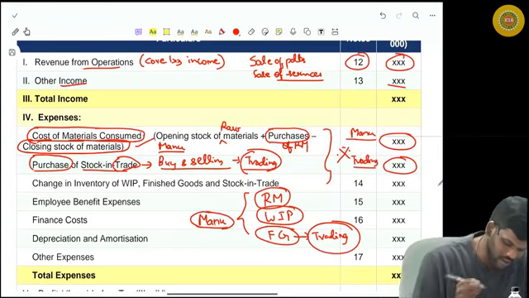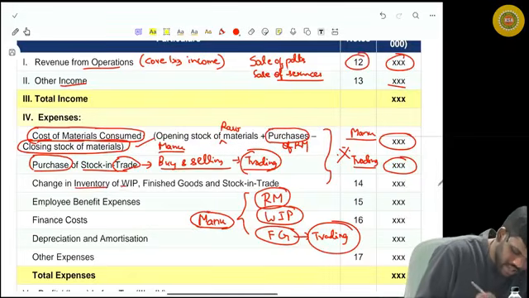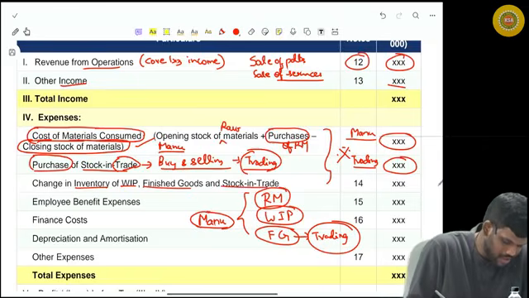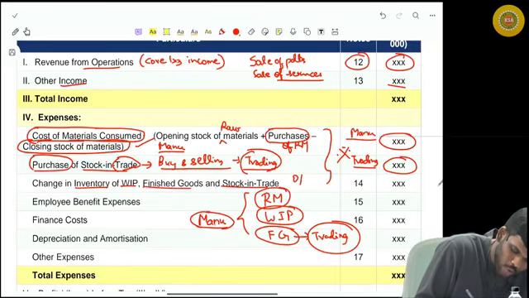And the last one out of these important three items is change in inventory of WIP, finished goods, and stock in trade. Sir, what is this, sir? Change in inventory is nothing but opening stock minus closing stock.